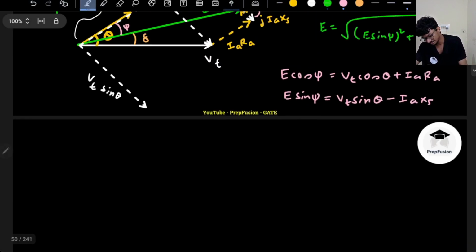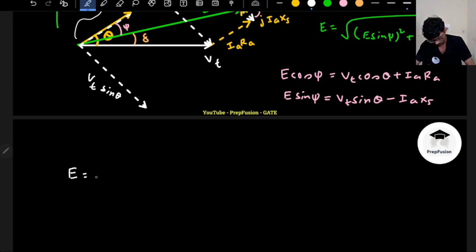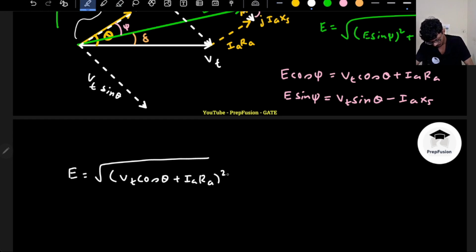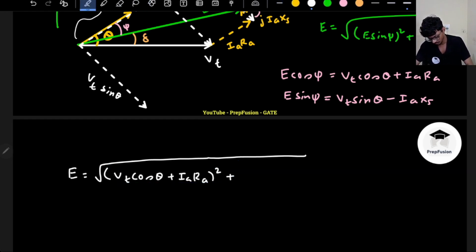Here XS is positive. So remember, we are subtracting it, okay? So from here I can easily find out my E. So E will be under root of Vt cos theta plus IARA, whole square, plus Vt sin theta minus IAXS whole square.